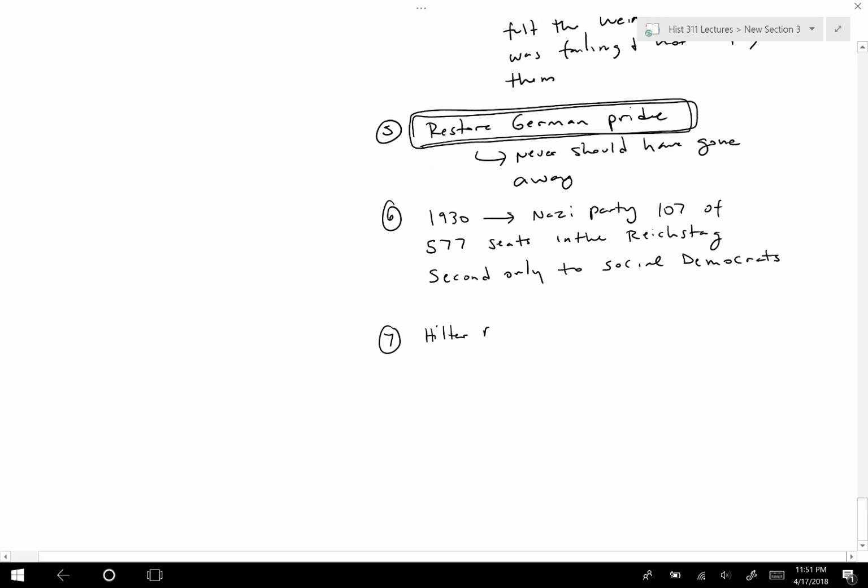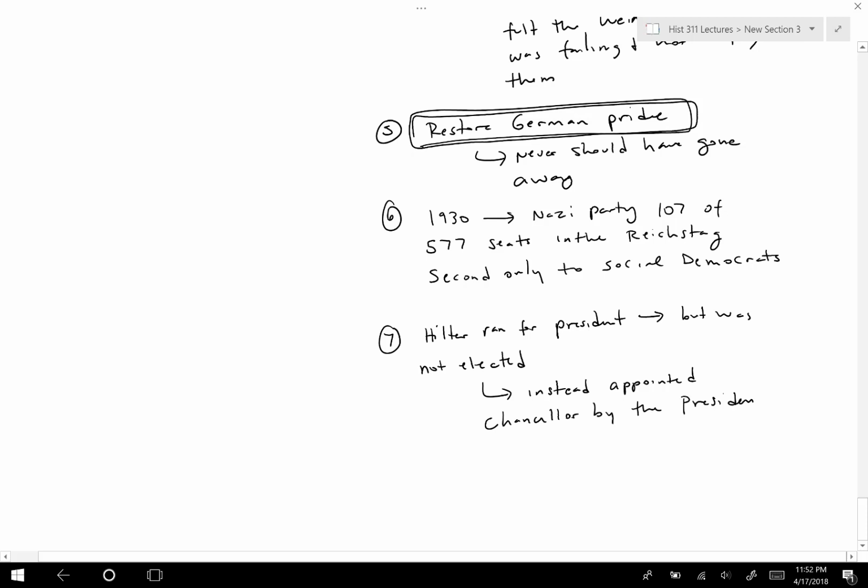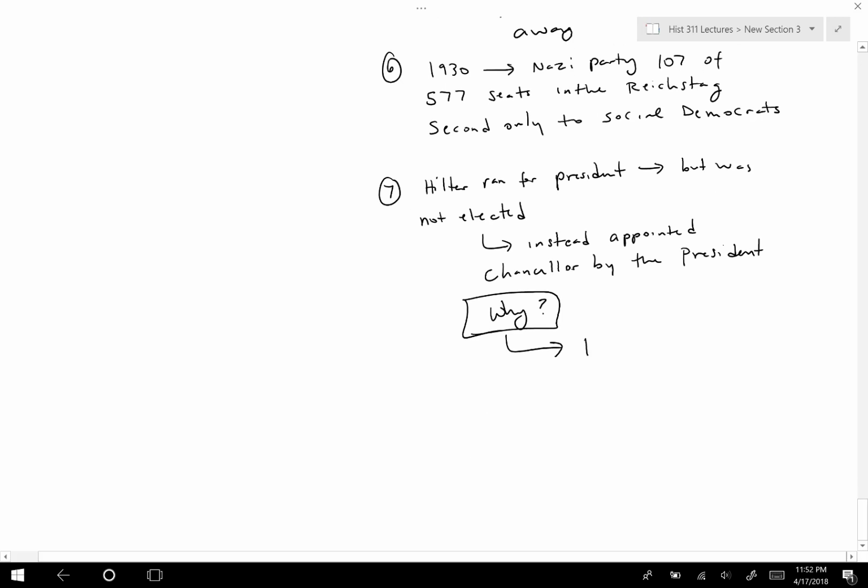Hitler ran for president, but was not elected. Instead, he was appointed chancellor, which here's the big mistake, by the president that was elected. And so why? Right? Why do this? Because the president hoped to create a conservative coalition government, essentially, by bringing the Nazis into line with a less radical group.